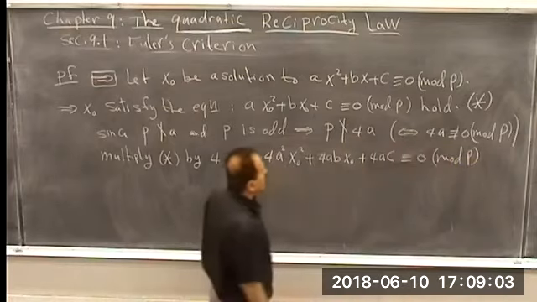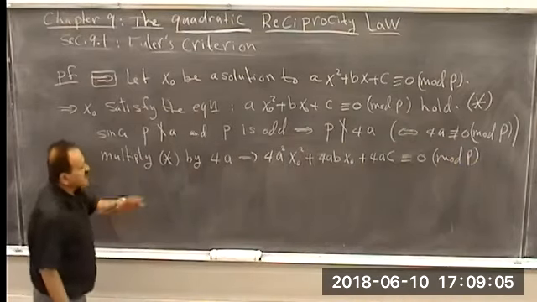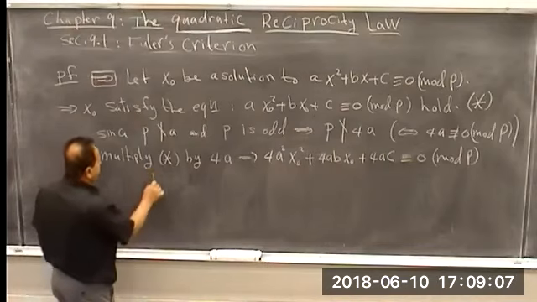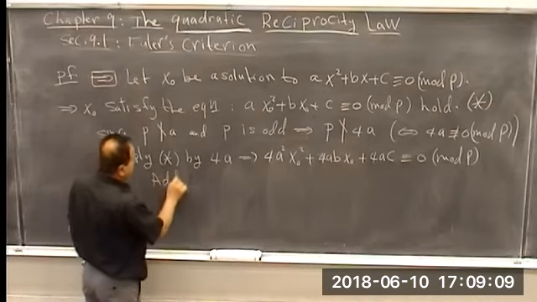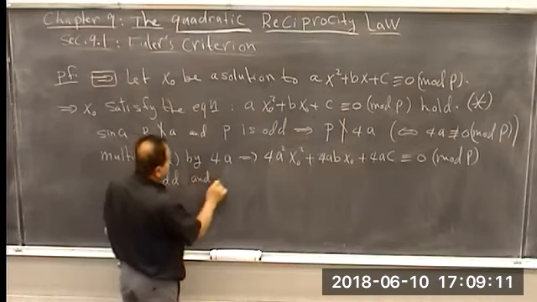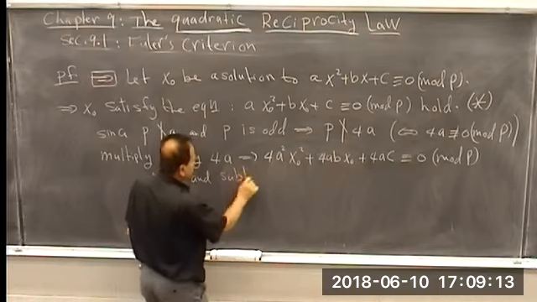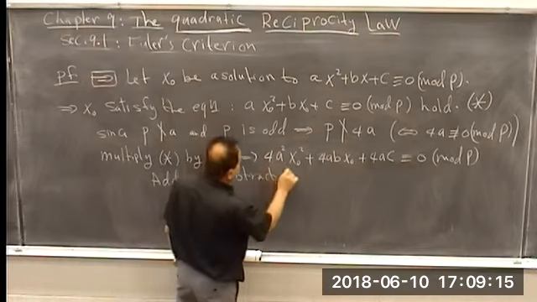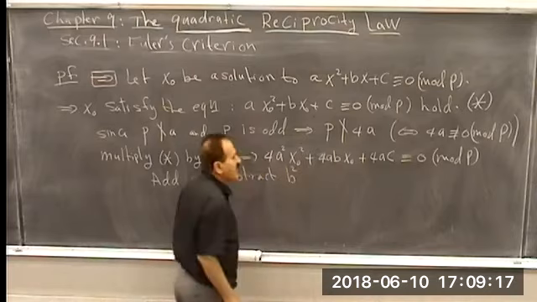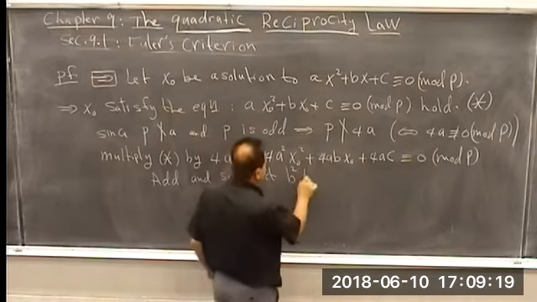Then I want to do one other thing. I want to add and subtract b squared to the last congruence.